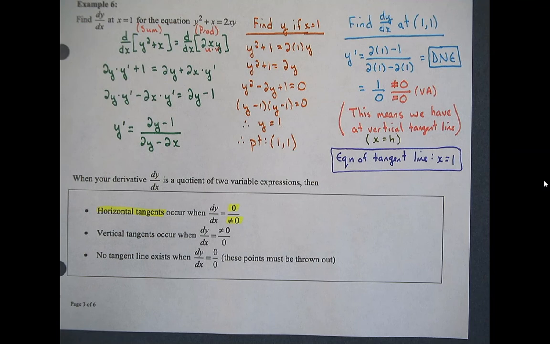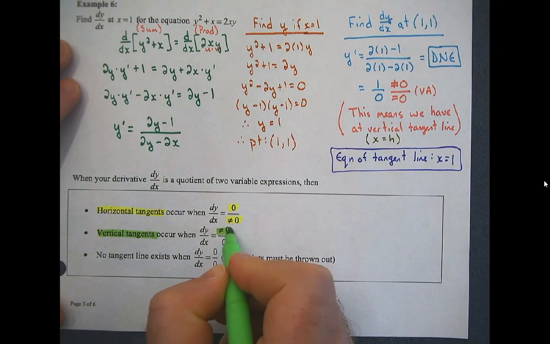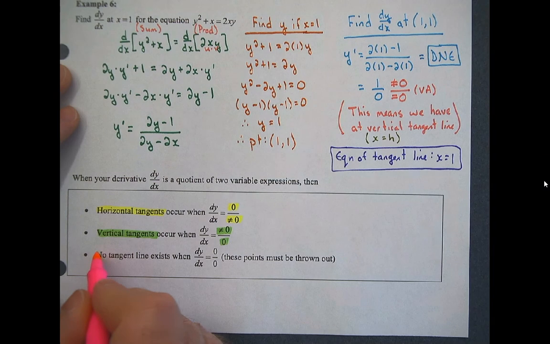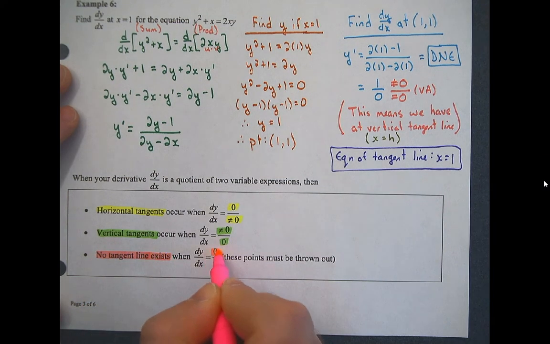We have a vertical tangent line when you get a 0 on the bottom and not a 0 on the top. And then you don't get a tangent line. No tangent line exists if you get 0 over 0.